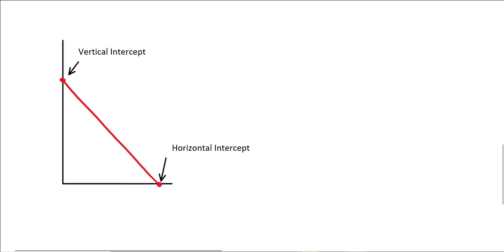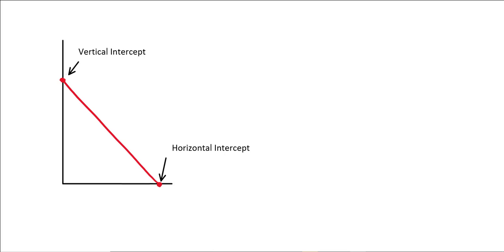We now look at 2 special points that are part of a graph in their relation to the axes. When a line or any graph crosses the axes, we give names to these special locations. The first one on the vertical axis we call the vertical intercept, and the one on the horizontal axis we'll call the horizontal intercept.